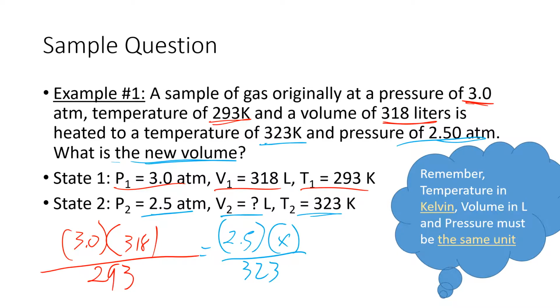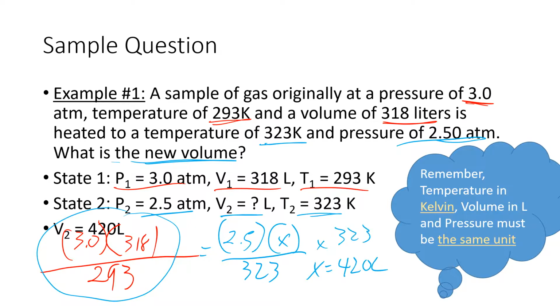And when you solve for X doing your algebra that we've been going over all year, you get 420 liters. So V2, X, will equal 420 liters. Basically I did all this math, multiplied both sides by 323, and then divided by 2.5 to get X all by itself.